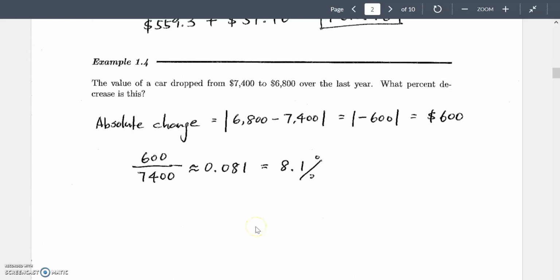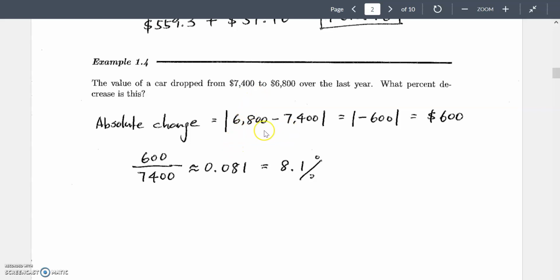Example 1.4. The value of a car dropped from $7,400 to $6,800 over last year. What percent decrease is this? The way we figure out a price increase or decrease is we need to figure out the absolute change. What does absolute change mean? It means the difference between the two values, or how much the discount was.